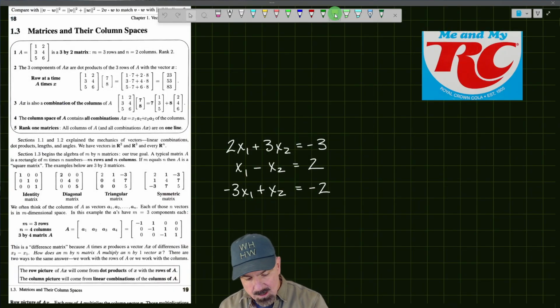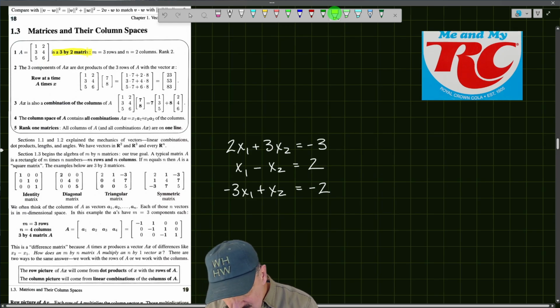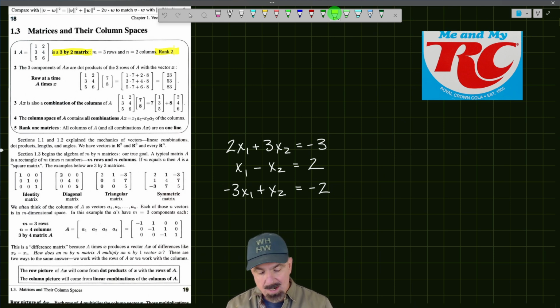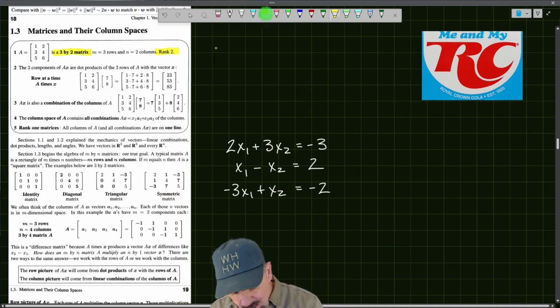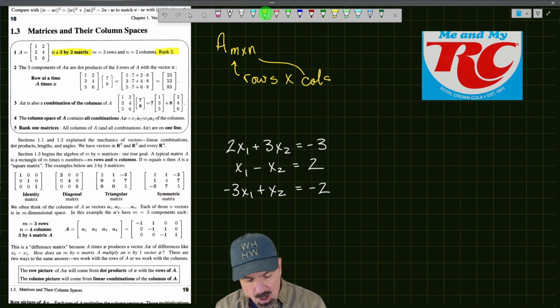We have here the beginnings of the definition of a matrix and a conversation about rank. In general, we talk about A being an M by N matrix, where the M is the number of rows, and that's always by the number of columns.